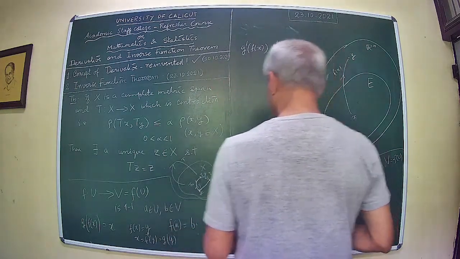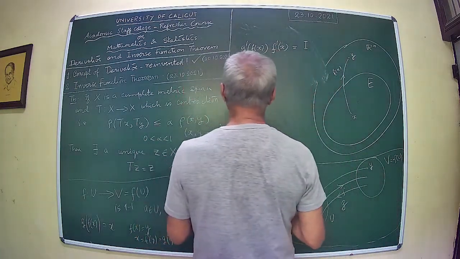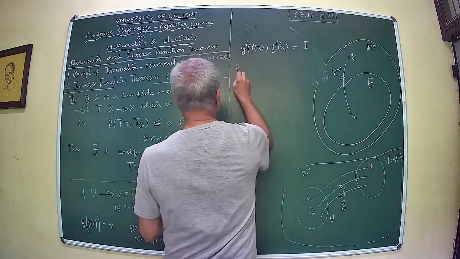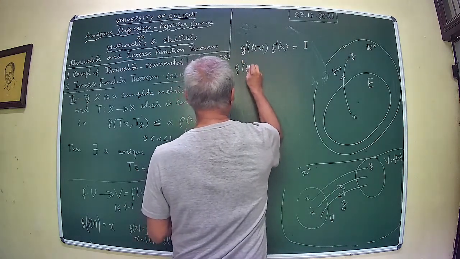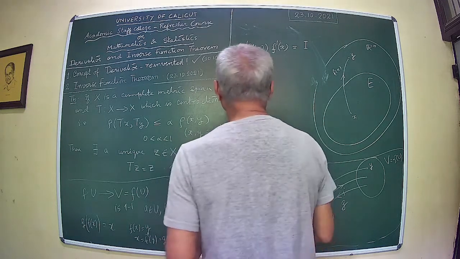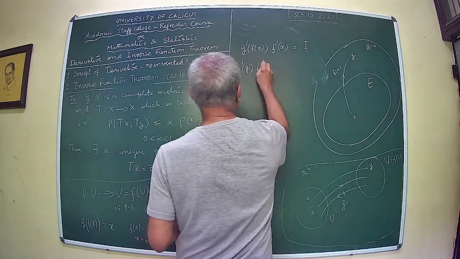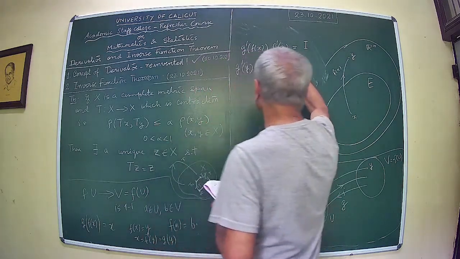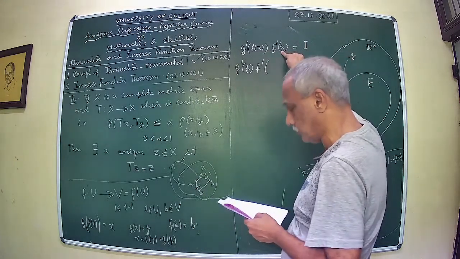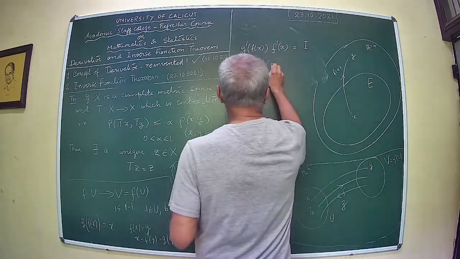So what do you get? You write g derivative of y, and this is f derivative of x, where x is equal to g(y).